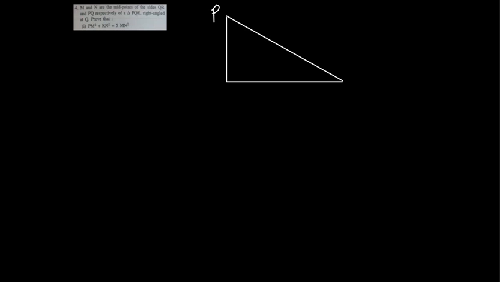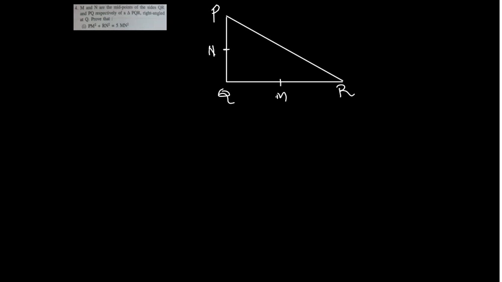I thought you have to join the midpoint. No, he didn't ask us to join midpoints, because he said first one I am seeing RN square. That means he has joined R and N. Then he joined P and M.